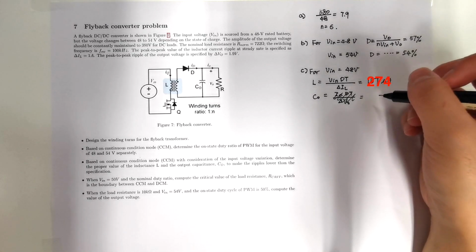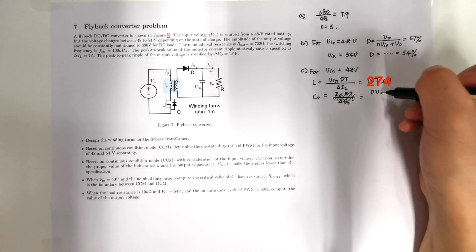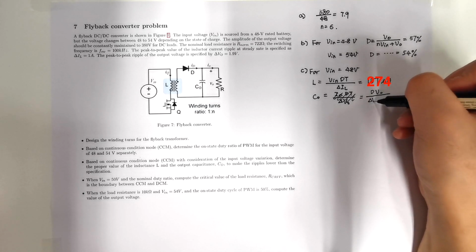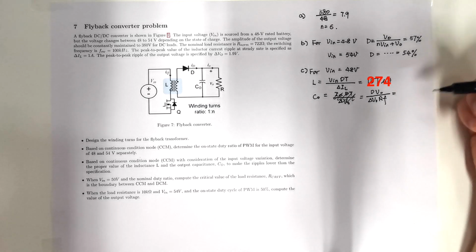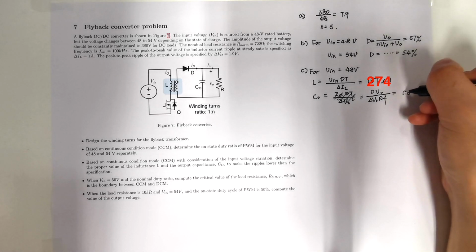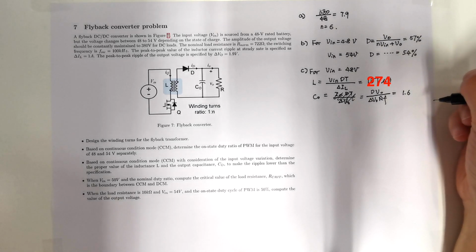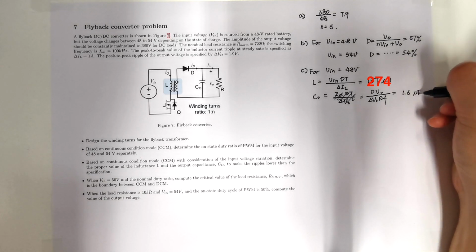Our C out is equal to d V out divided by total V out times R F. We got 1.6 microfarad.